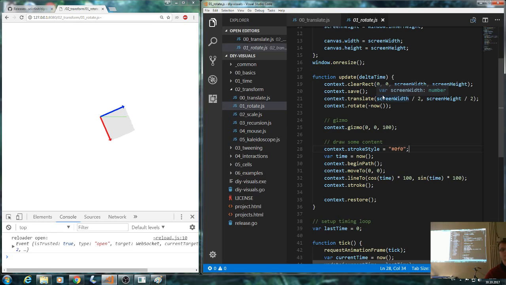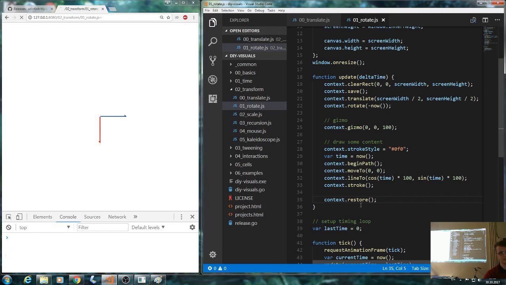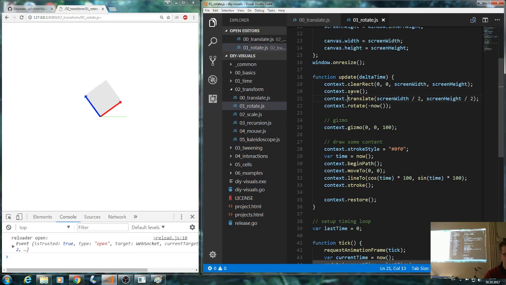And also, this is an important thing here, context save. Otherwise, it will start to move your things every frame, and it will just disappear somewhere. So it's useful to save and restore it as the need arises.